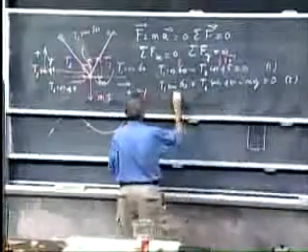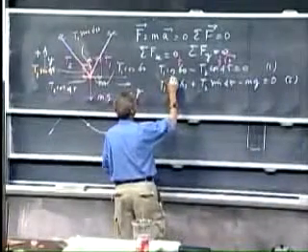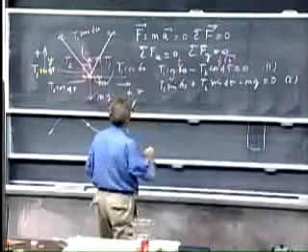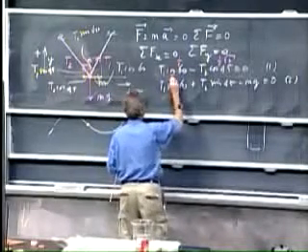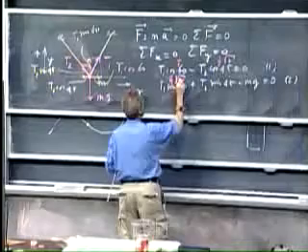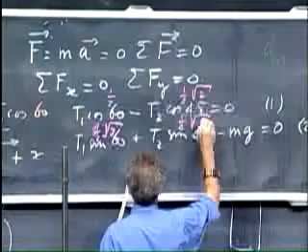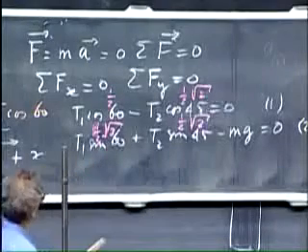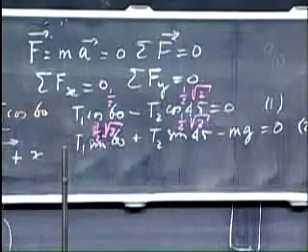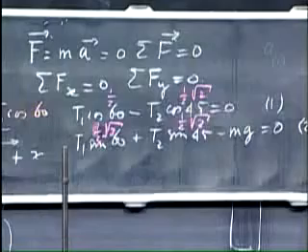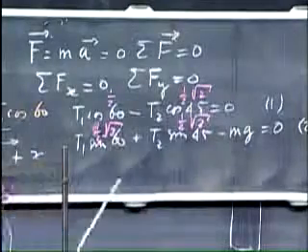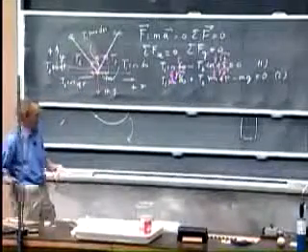The sine of 60 degrees equals 1/2 square root 3, and the sine of 45 degrees is the same as the cosine, 1/2 square root 2. Notice I have two equations with two unknowns. If you tell me what m is, I should be able to solve for T1 and for T2.